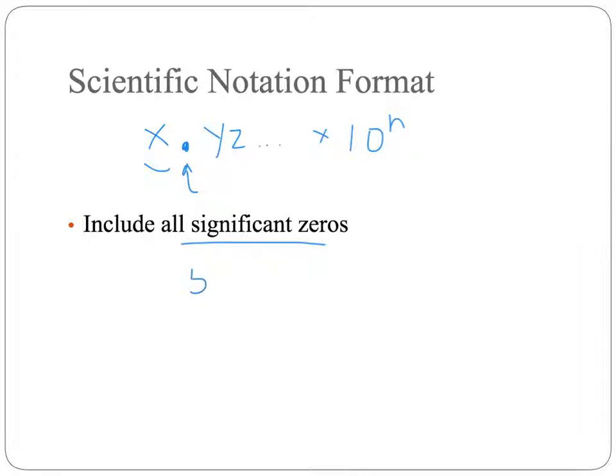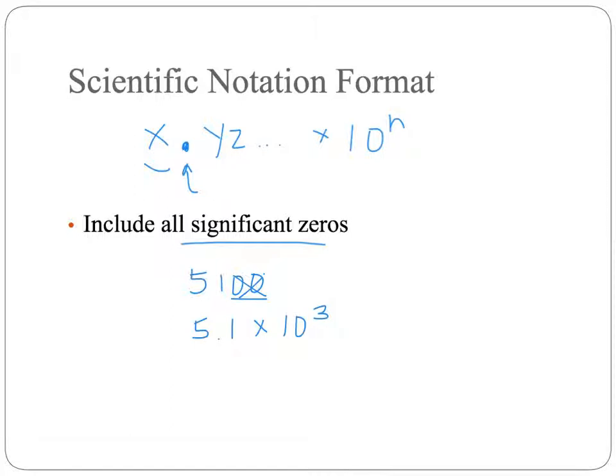So if you have a number like 5,100, to write that in scientific notation we'd have 5.1, because these zeros are not significant, so we can forget about them, times 10 to the third. And that solves some of the challenge of trying to figure out whether your zeros are significant or not.